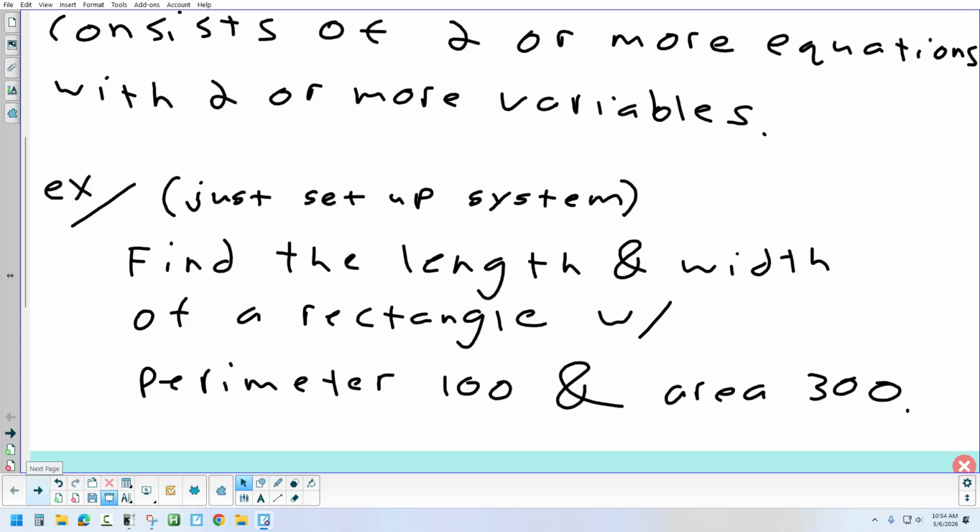Sarah, how many equations am I going to need to write down to represent what they've given me in that example? Yeah, we're going to need 2. What's one equation going to be for?